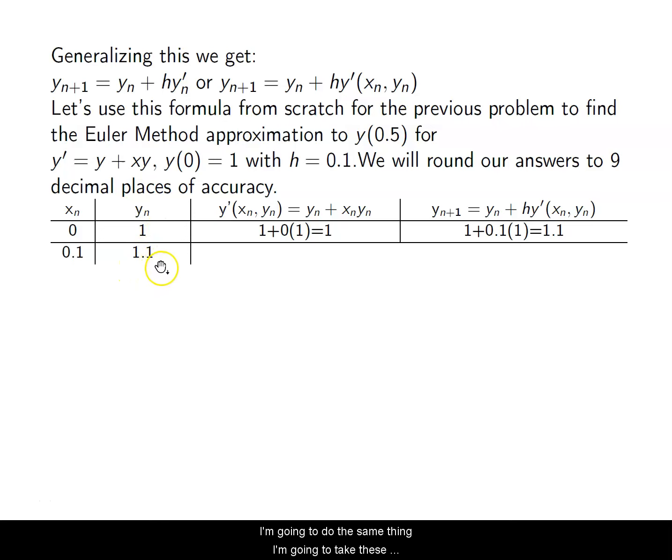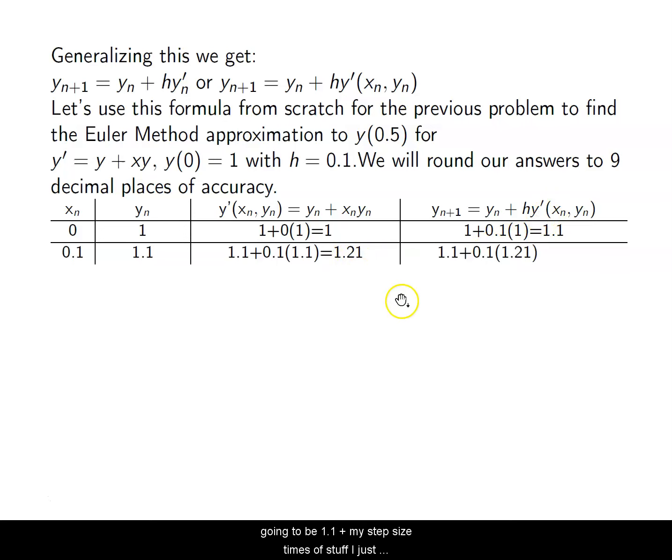Okay, so I'm going to do the same thing. I'm going to take these 2 points and plug them into the equation for my slope field, or just my DE. So y plus x times y for my points, and we saw before we get out 1.21. Now I take my previous output, or the output step that I'm at, and I add to that my step size times my slope.